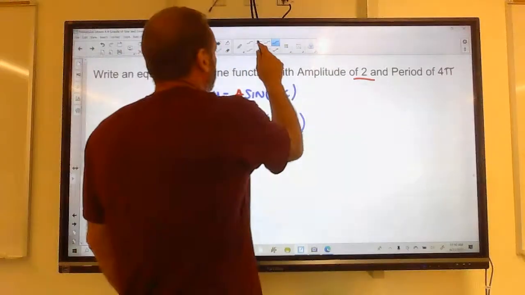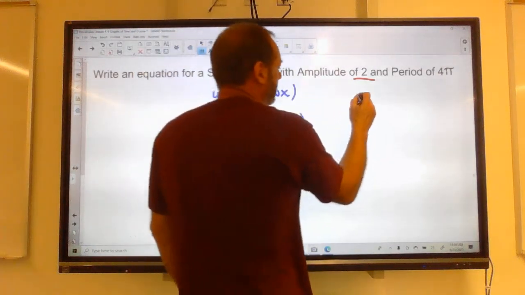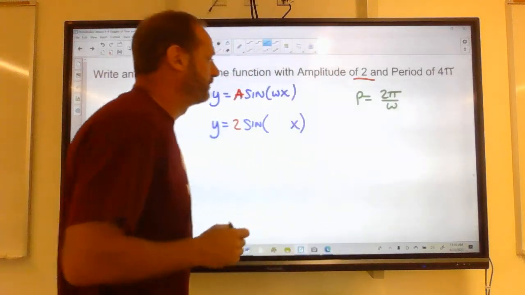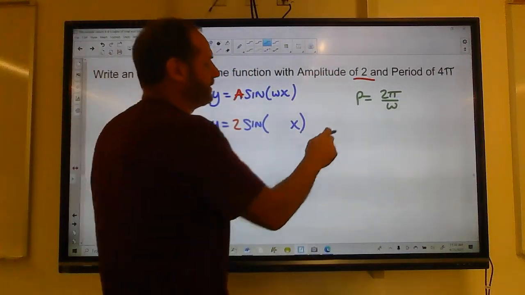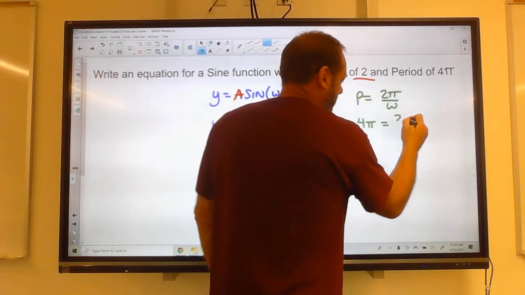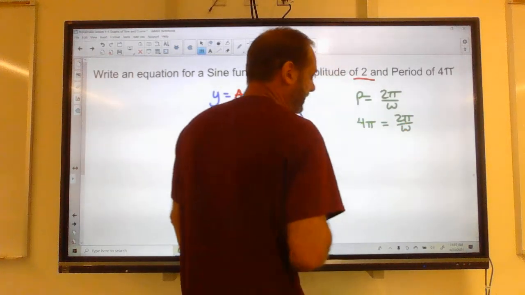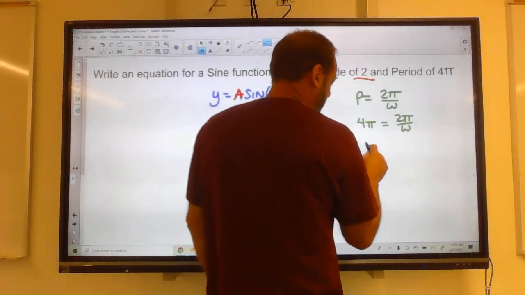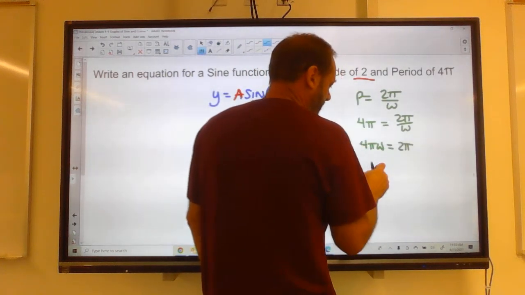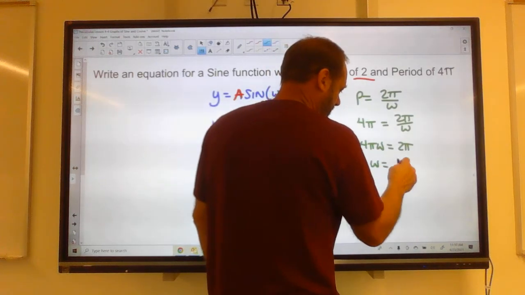So then remember that the period is 2 pi divided by w, right? So I need the period to be 4 pi. So that's going to be 2 pi divided by w. So I need to solve for w. I'm going to multiply both sides by w, and then I'm going to divide by 4 pi.